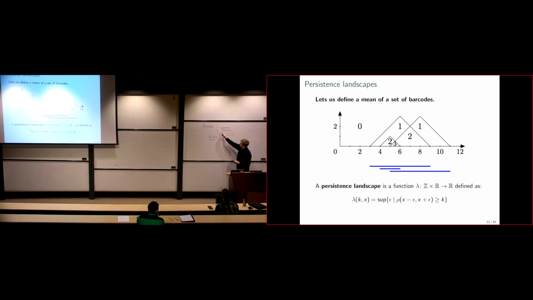So we in fact have a map from 3 to 5 of rank 1. But not longer than that because this bar dies at 3. Okay? So here the value is 1.